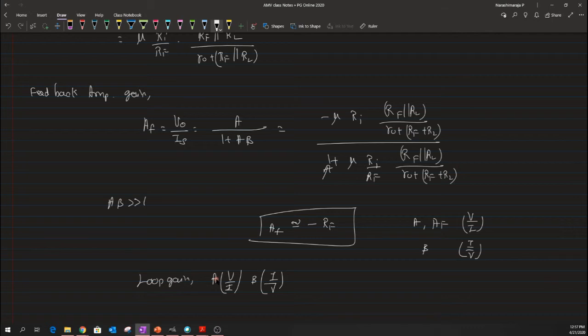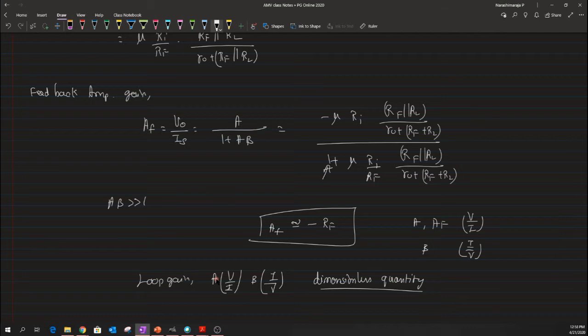So, in general the loop gain is a dimensionless quantity. This is applicable for any type of amplifier. It can be a voltage amplifier, a current, transconductance or transresistance amplifier, whatever it is. The A beta term is always unitless.